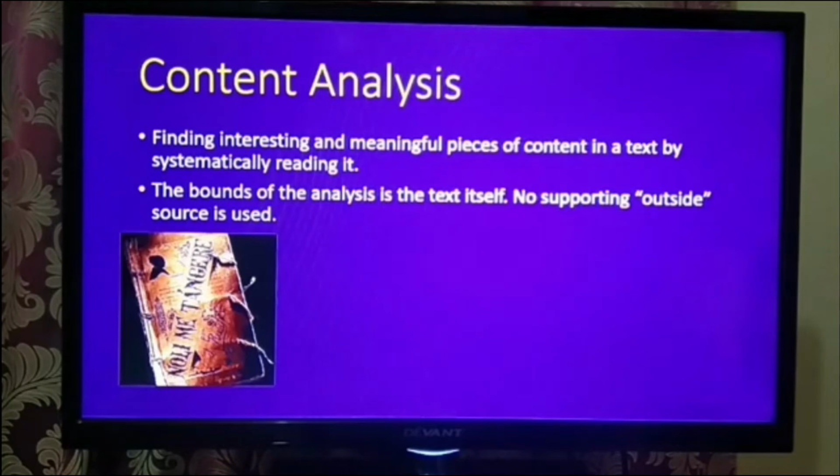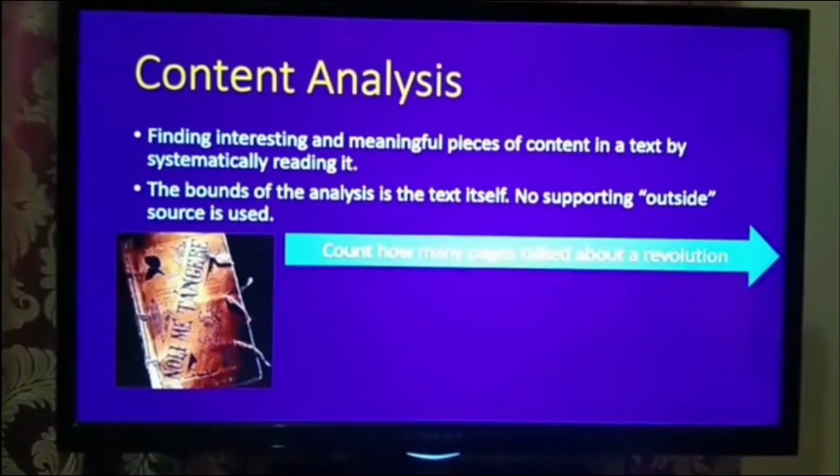Now, for example, the Noli Me Tangere document, once again, what can we derive from it? What clues about history can we get by reading between the lines or reading intently, line by line of the Noli? So one question that we can try to see is how many pages talked about a revolution?